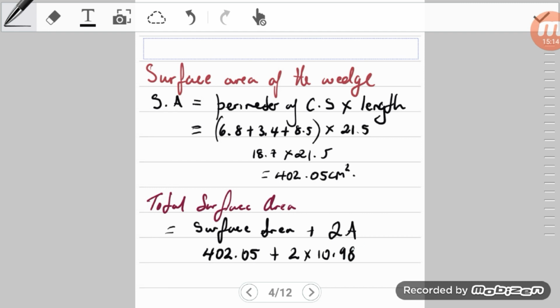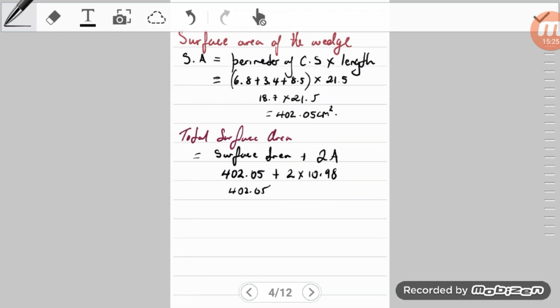So if we proceed here now to work this out, we're going to have 402.05. And then if we multiply 2 times 10.98, let's just pull this calculator up here.